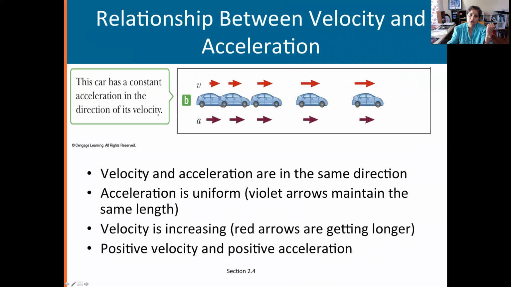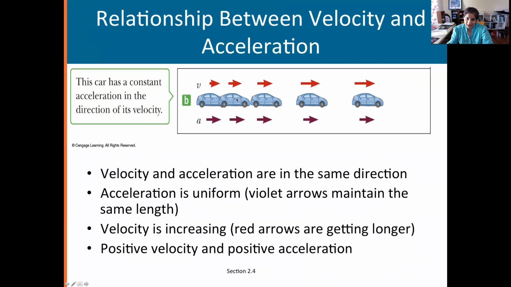Let's look at another picture. The same car, but now it's moving differently. At the top here, we have the red velocity arrows. Below, we have the purple acceleration arrows. Let's look at velocity first. It's constantly to the right, so velocity is positive. What's happening to the velocity vector in length? It's increasing in length, which means we have a positive slope in the velocity time graph. Which means what for acceleration?